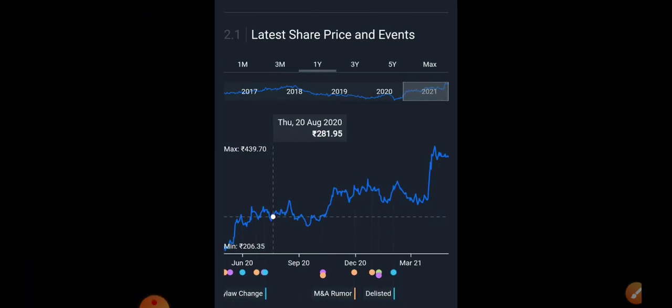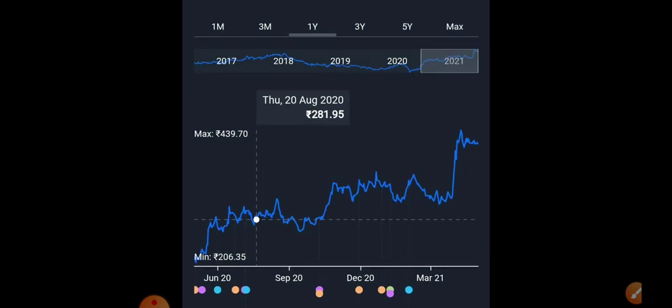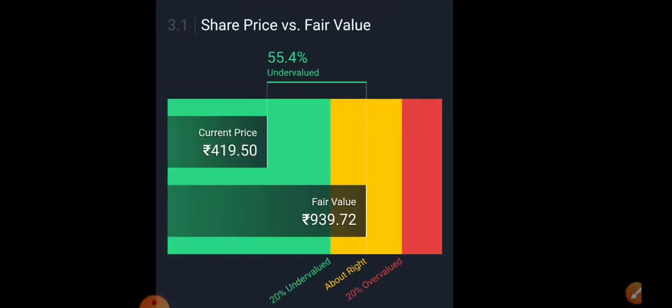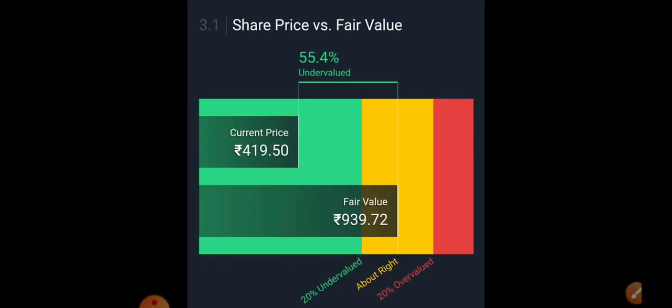Once you select the stock, you can directly see how it is performing day-to-day, like how much return it has given, how it performed in December, in March, how the stock is going. All these things will be present. Now comes the most important thing. Once you go a little bit down after clicking on that particular stock, you'll see share price versus fair value. What is the share price?